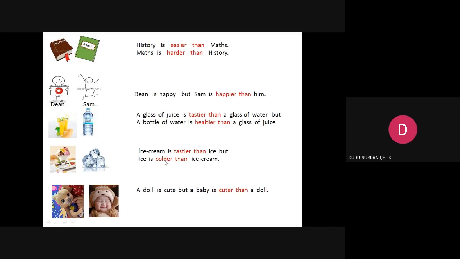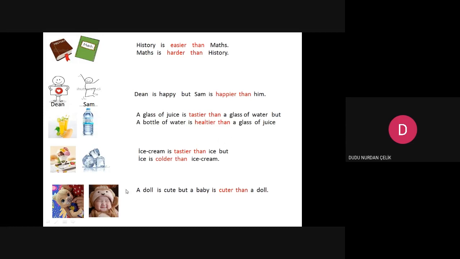So we use than. Ice is colder than ice cream. Or we can say ice is colder, ice cream is tastier, or a glass of juice is tastier, a bottle of water is healthier. We can use like this too.